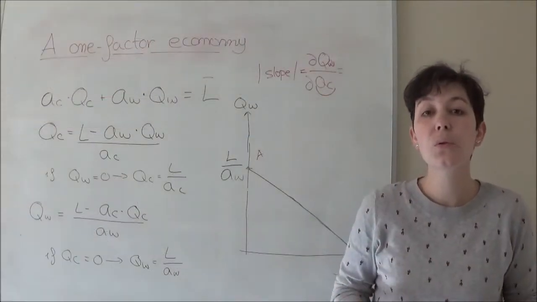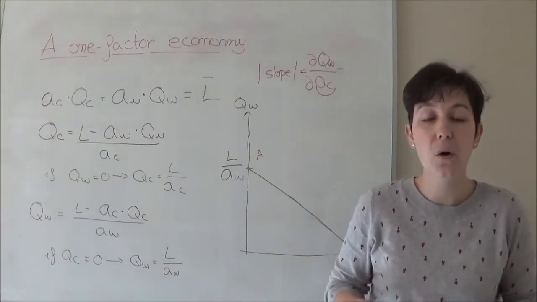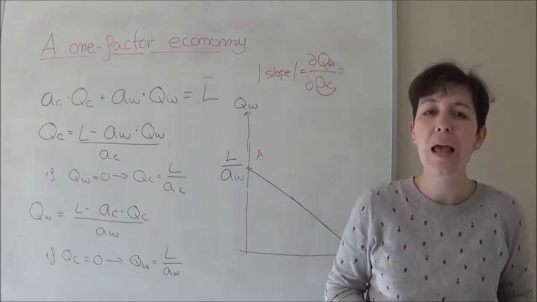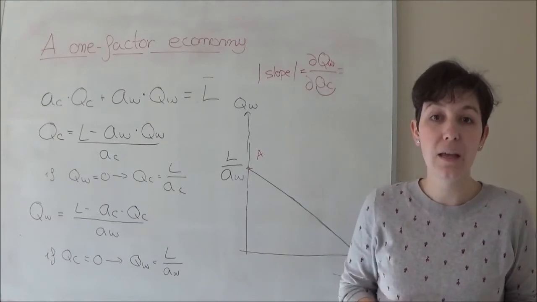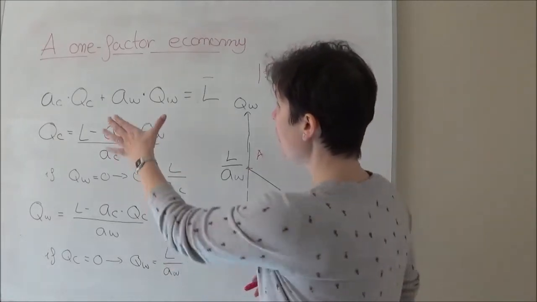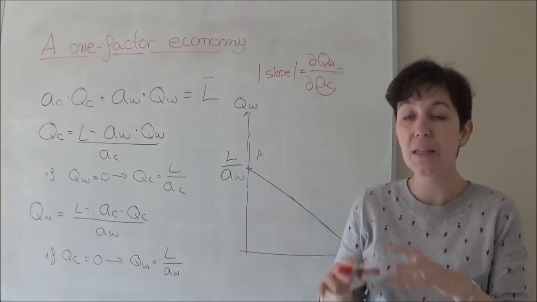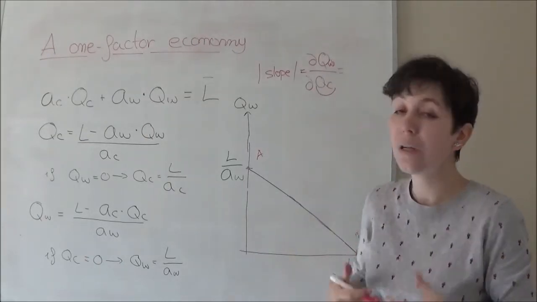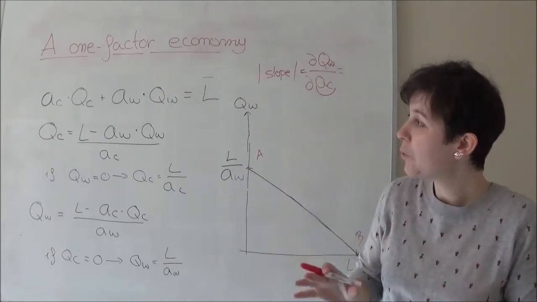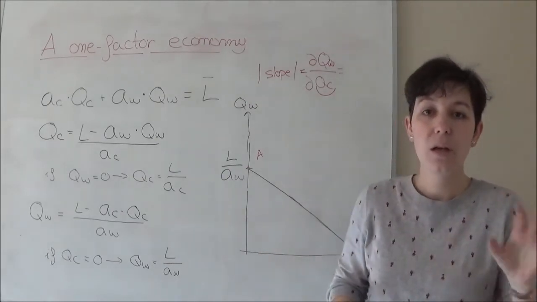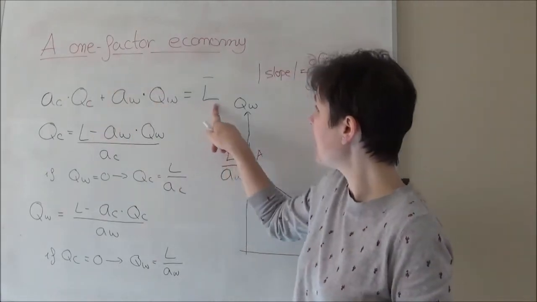Now we are going to do the same analysis but in a much more general way. So instead of introducing numbers, let's use letters, where each letter has a specific meaning. Here we have our general expression in which we are observing that the whole labor is used. Because this labor can be in one of the two industries, cheese or wine, but the whole labor is used.